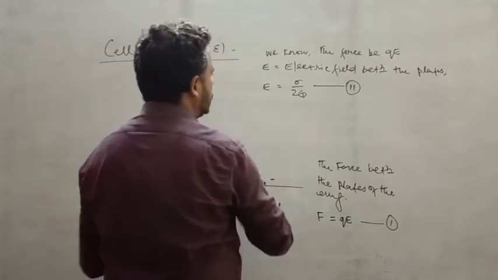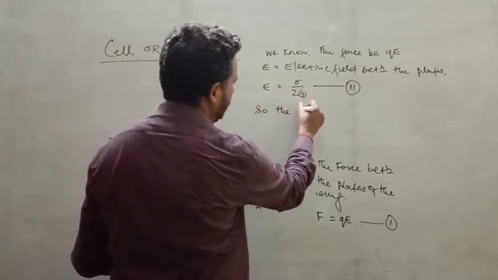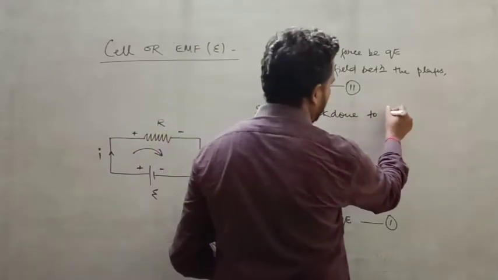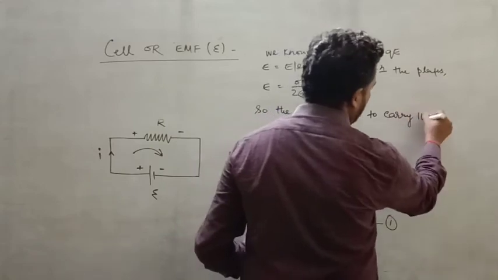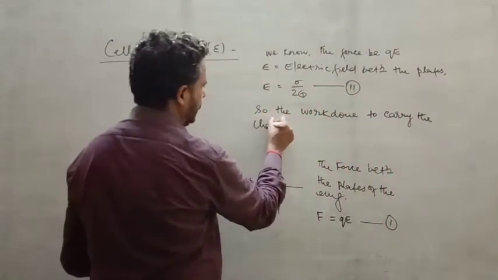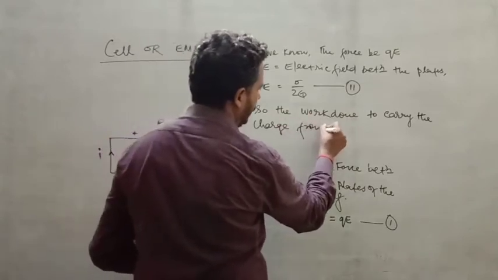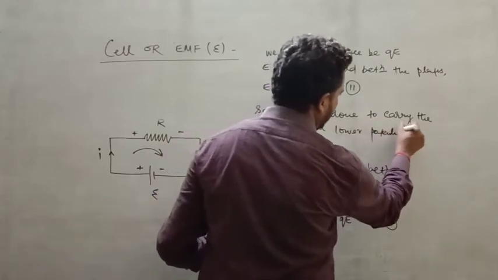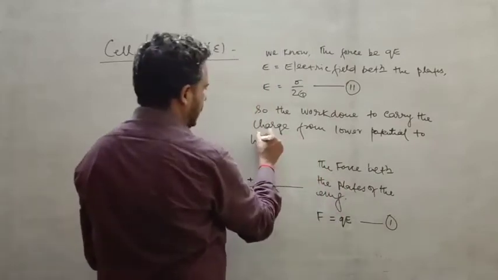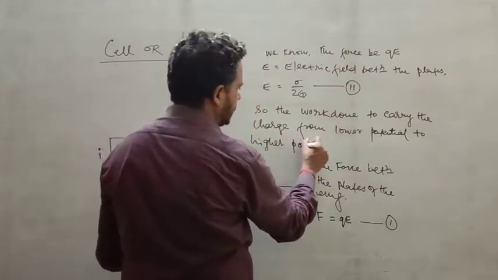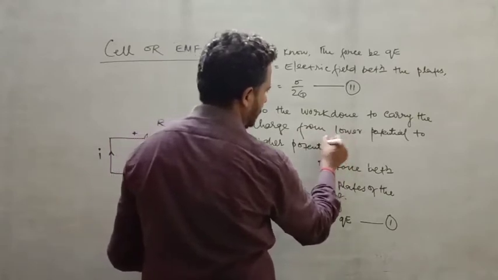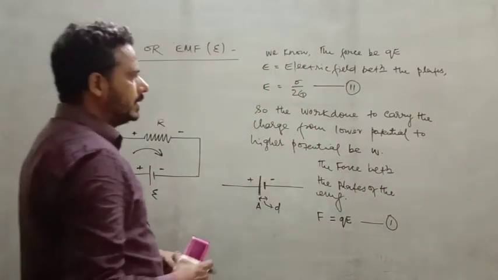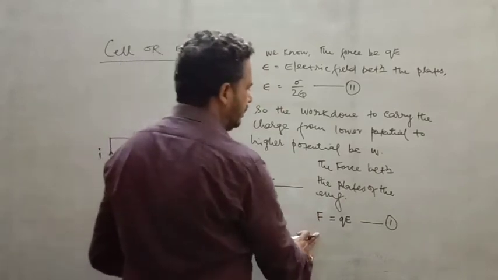Okay, so the work done to carry the charge from lower potential to higher potential, which is represented by W. You just keep in mind equation 1 and this diagram.